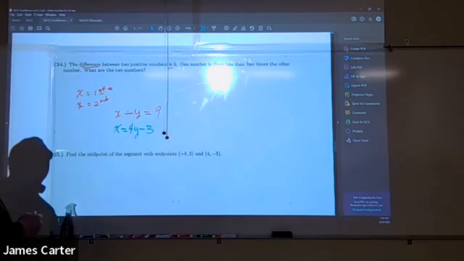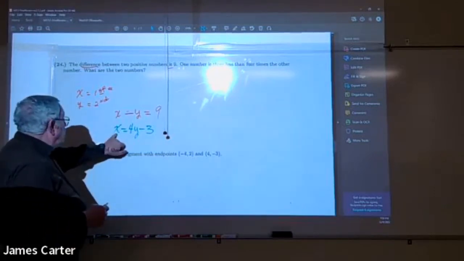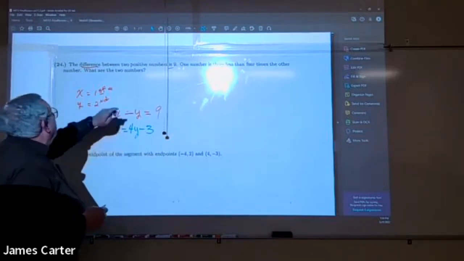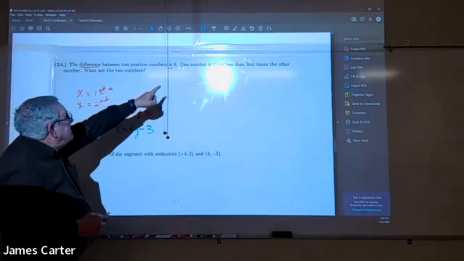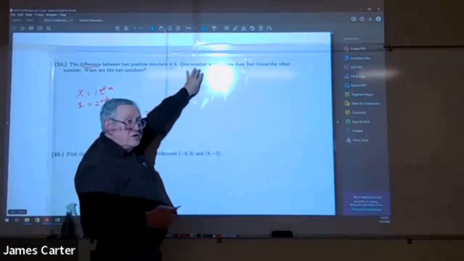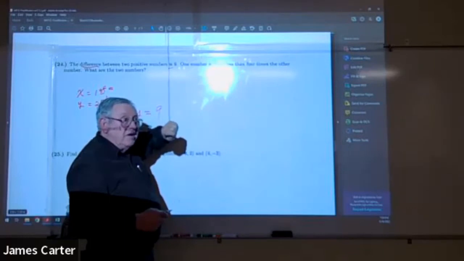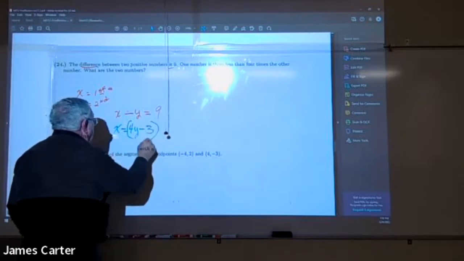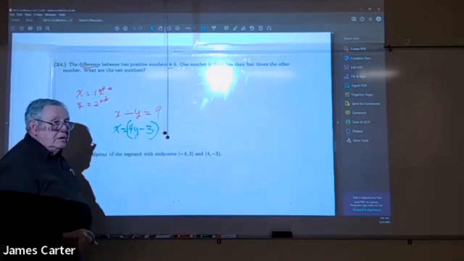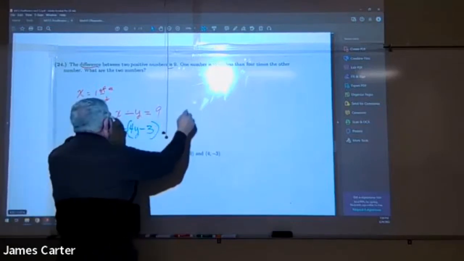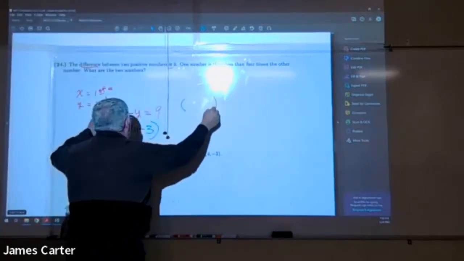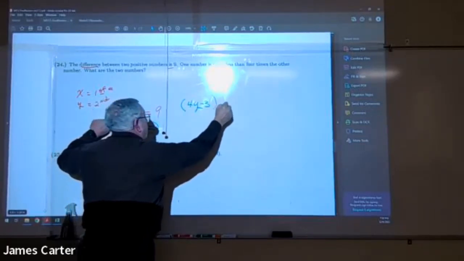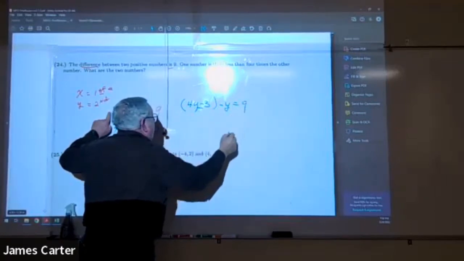Okay? Now, I arbitrarily chose to put the X here instead of putting the Y there. It doesn't tell me whether it's the first or the second, so it doesn't matter. So this becomes my substitution value. So I take the other equation, X, and I put that substitution value in there. Minus Y equals 9.